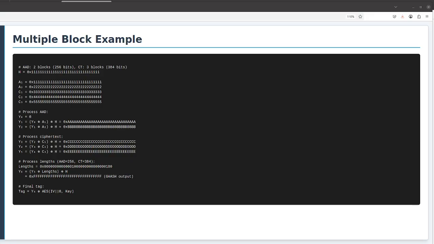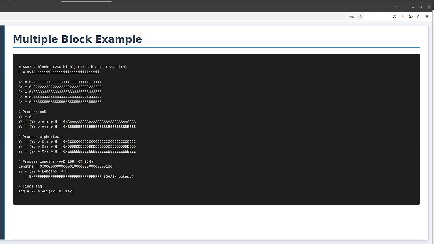Y5 equals (Y4 XOR C3) times H, which equals (0xDD ending with DD XOR 0x55 ending with 55) times H, which equals 0x88 ending with 88 times H, giving 0xEE ending with EE. We've finished ciphertext processing.